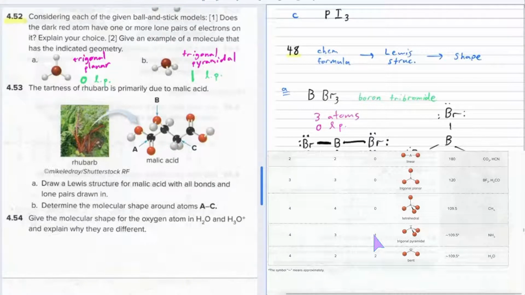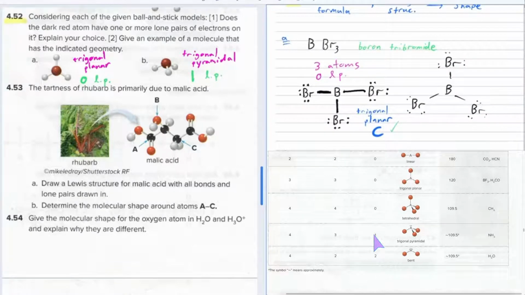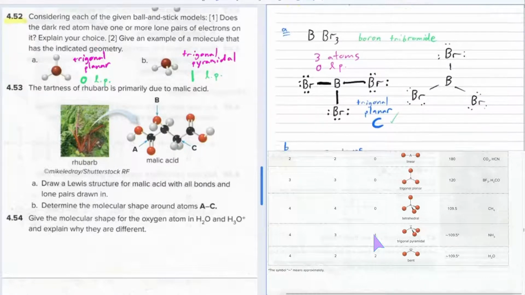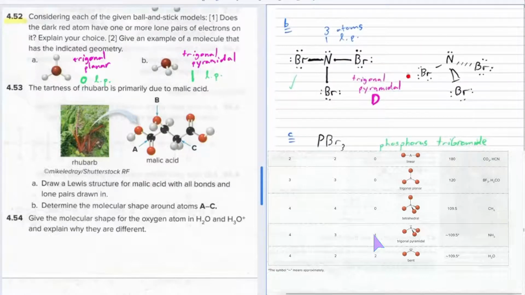Here's its Lewis structure that shows the geometry. And one with the trigonal pyramidal is NBr3. That's the Lewis structure, and here's the 3-dimensional Lewis structure.